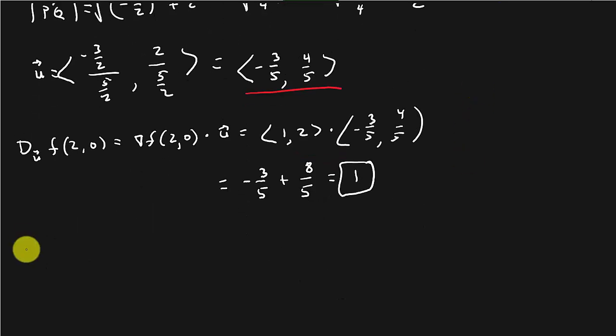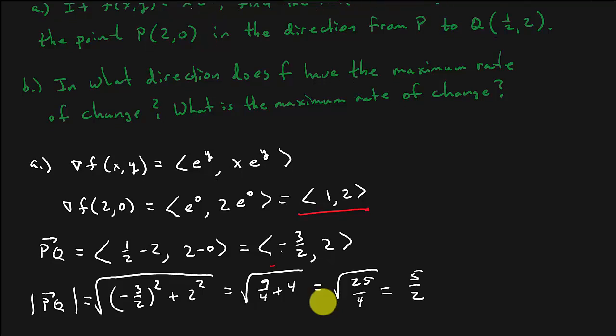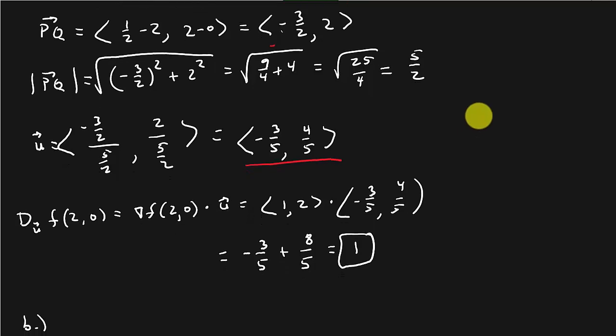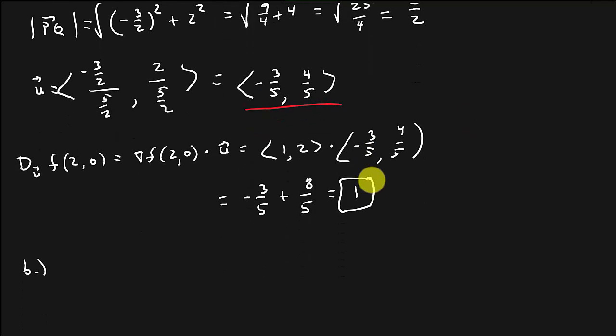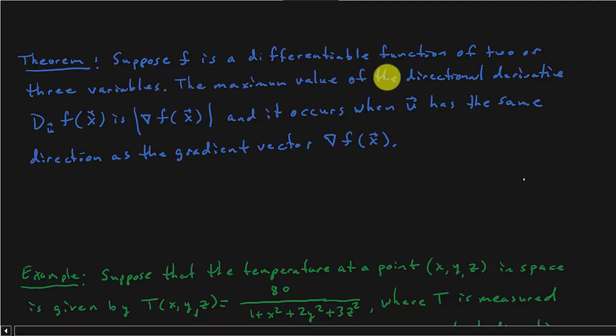Now for part B, this has two parts to it. In what direction does f have the maximum rate of change? Okay, so let's go back over here to this one. Suppose f is a differentiable function of two or three variables. The maximum value of the directional derivative is this, and it occurs when u has the same direction as the gradient vector.